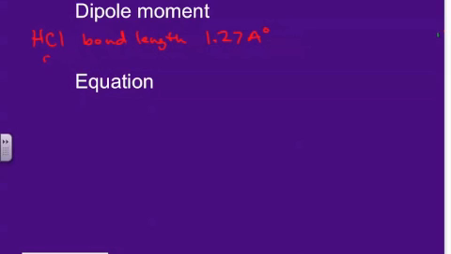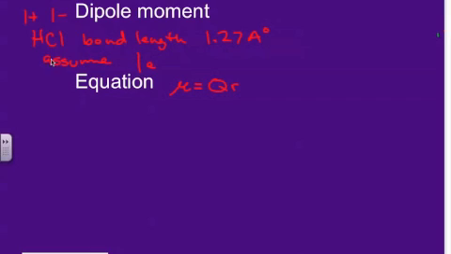And you are going to assume that the charges are 1 plus and 1 negative, so the magnitude of the charge would be 1 e. What is the dipole moment? Well, going back to our equation, mu equals Qr.